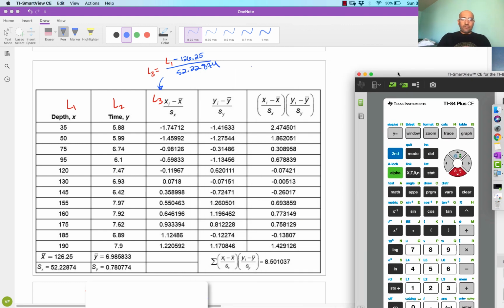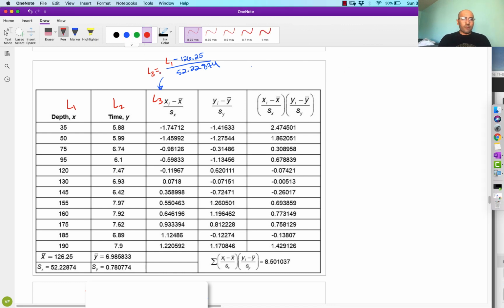Now let's move on to list 4. So now I want this guy to be list 4. And I want list 4 to do the exact same thing, but I wanted to do it with these values in here.